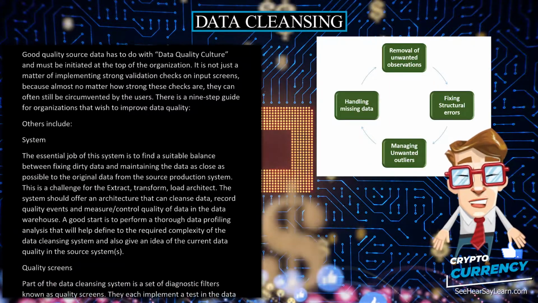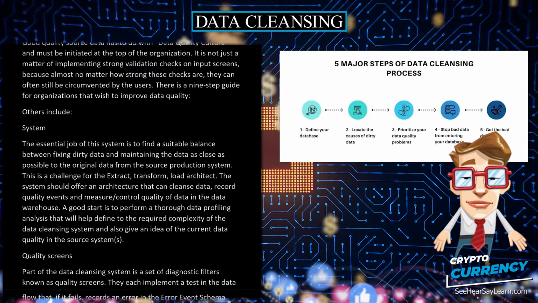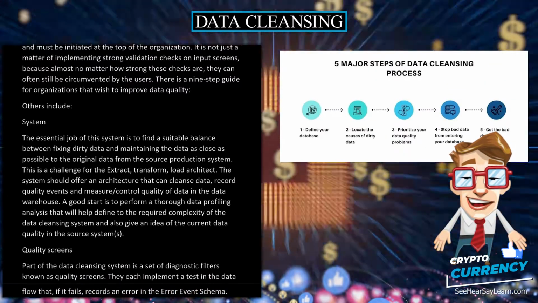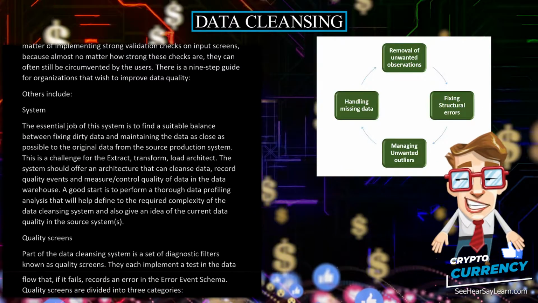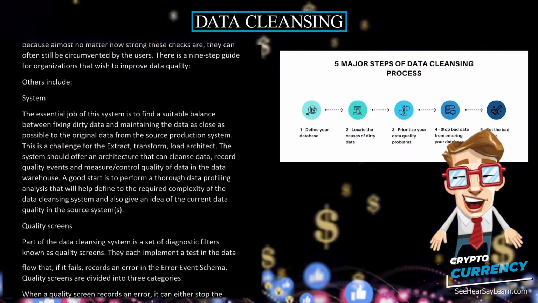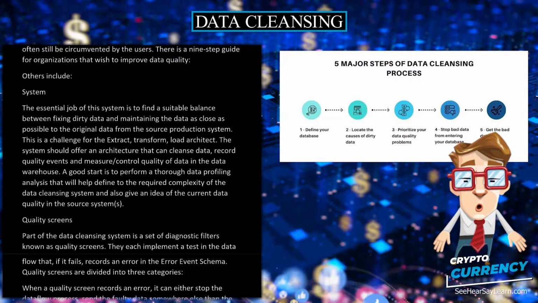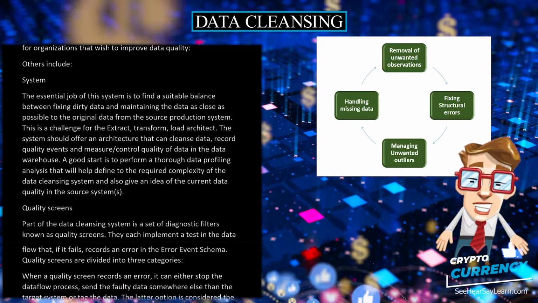The system should offer an architecture that can cleanse data, record quality events and measure/control quality of data in the data warehouse. A good start is to perform a thorough data profiling analysis that will help define the required complexity of the data cleansing system and also give an idea of the current data quality in the source systems.